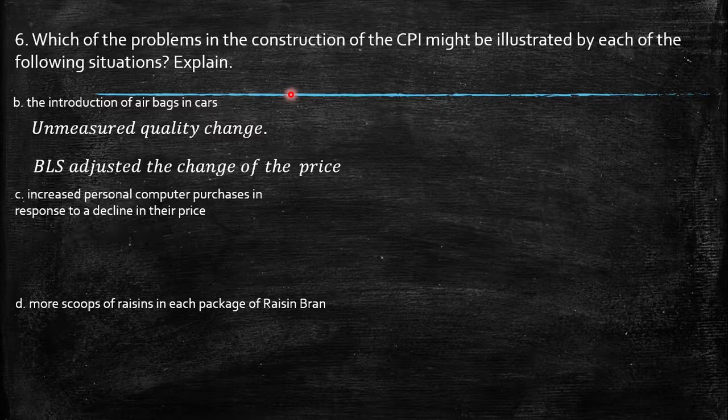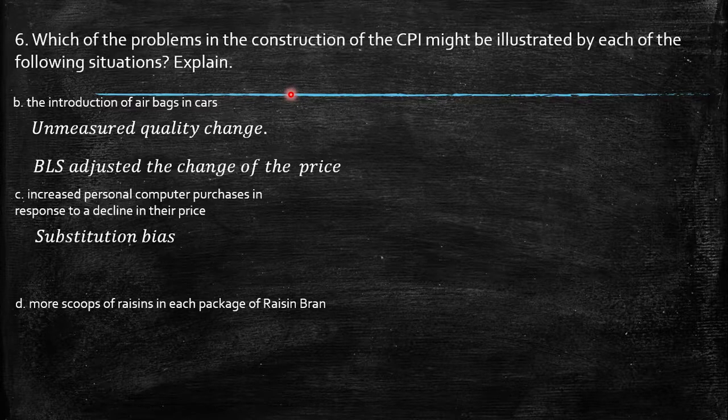The other one is the increased personal computer purchases in response to a decline in the price. Maybe before you had desktop computers, and they were in the basket for a normal family, but with the slow introduction of laptops, people start to deviate their purchases. Instead of buying desktop computers, they are buying laptops.